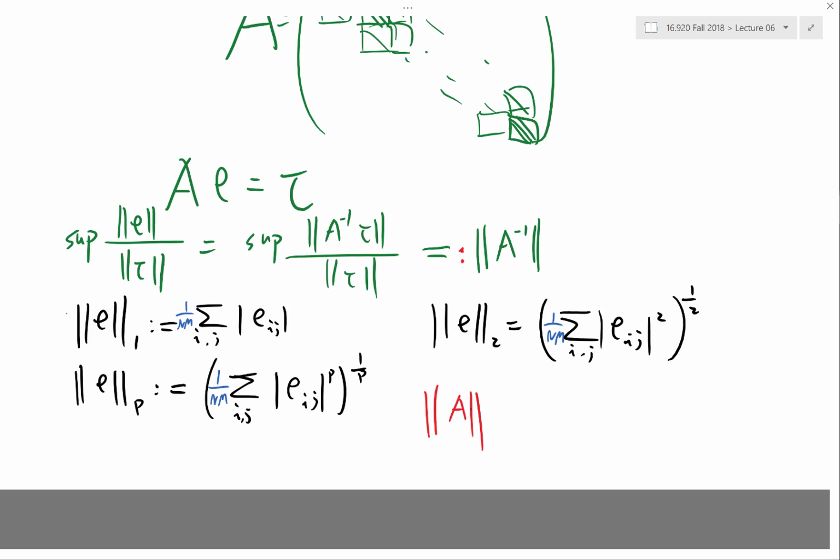There are as many matrix norms, and sometimes a little bit more, because some matrix norms have completely different definitions. But if you have one vector norm, you can derive a corresponding matrix norm by saying it's the supremum of the norm of A times x divided by the norm of x, where both the denominator and the numerator have to use that vector norm.